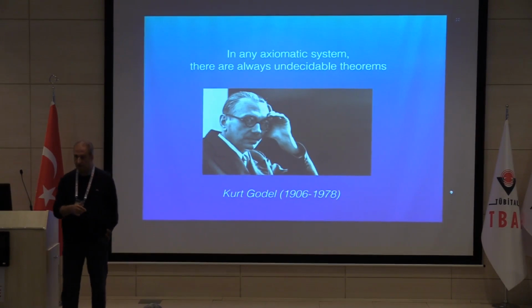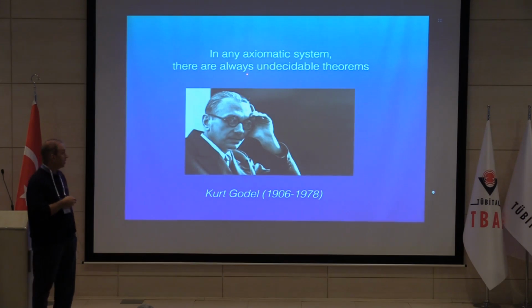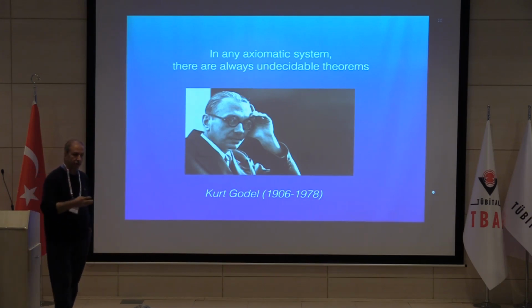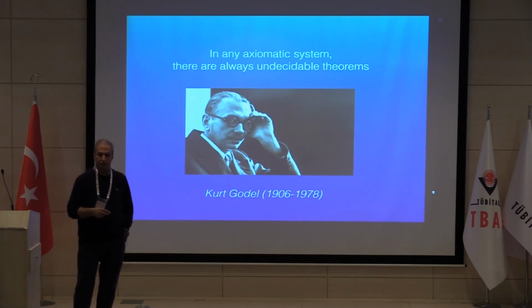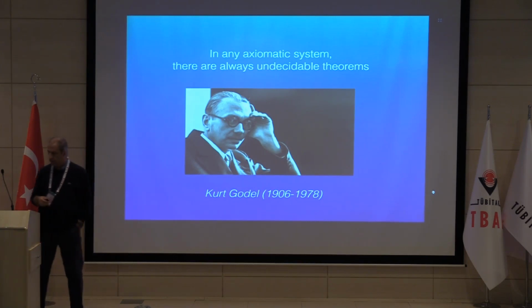Probably you have heard about Kurt Gödel, the great mathematician and logician, who proved that in any axiomatic system, no matter how complete, you can always find undecidable theorems, theorems for which you cannot decide whether they are true or false. No matter how you complete your axioms, you add axioms so that you can decide about the validity of the mathematical system, you can again find and construct mathematical theorems which are not decided.